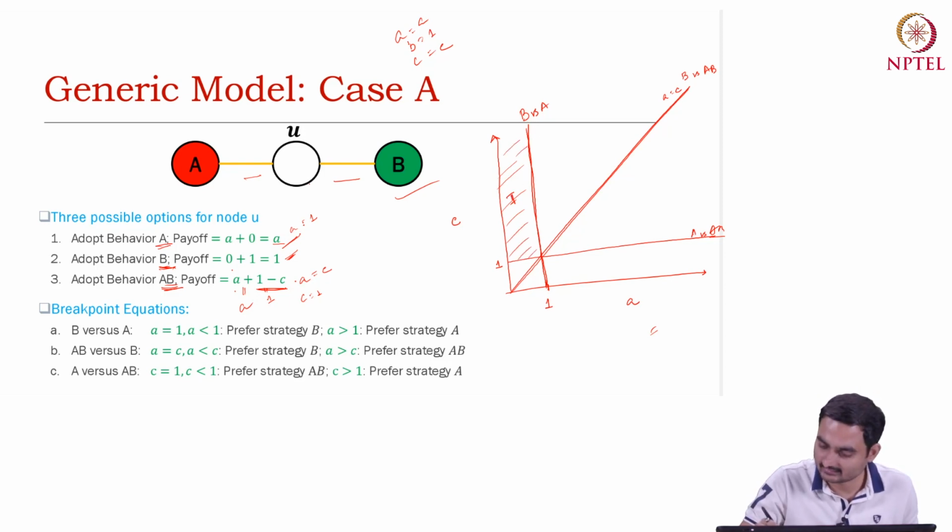This is region 1, this is region 2, this is region 3, this is region 4, this is region 5, and this is region 6.